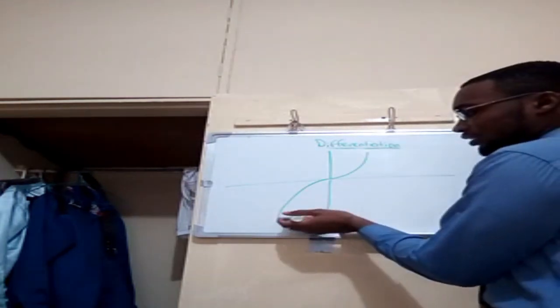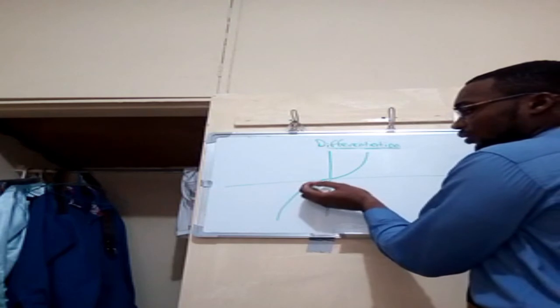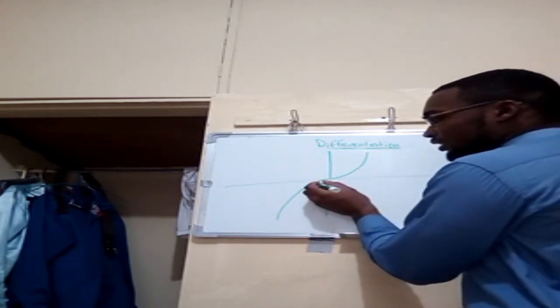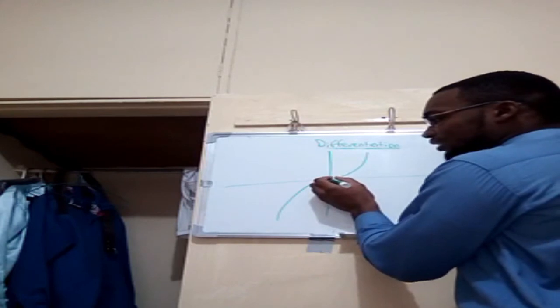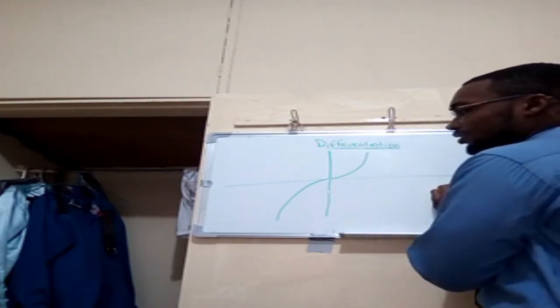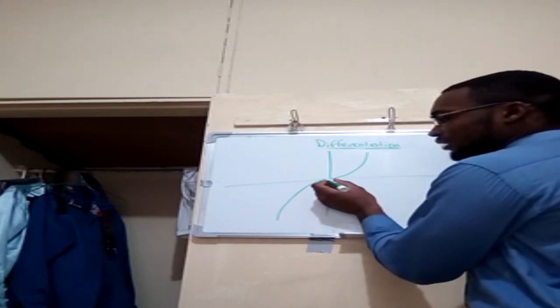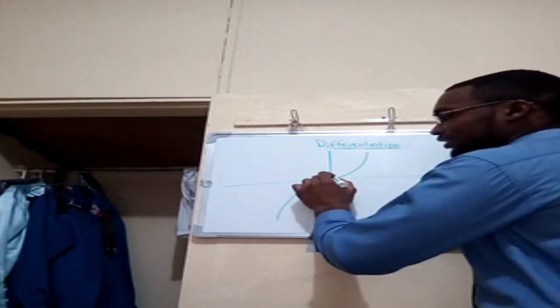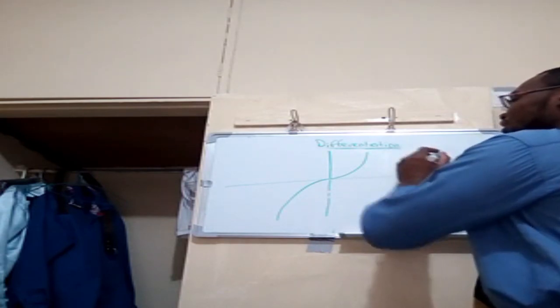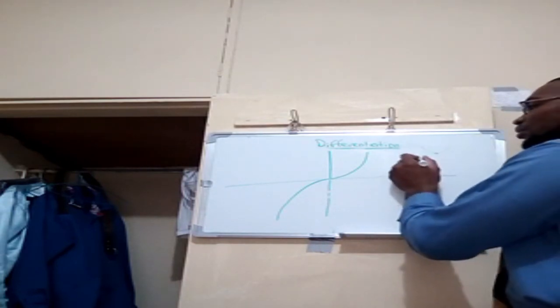Right here, it's going, then it turned right here. This is a stationary point, 0, 0. It turned and it looked like it was going to be a maximum point. But then it just makes a U-turn. You see that? Right here, it looks like it'll be a maximum point. But then right here, it looks like it'll be a minimum point.